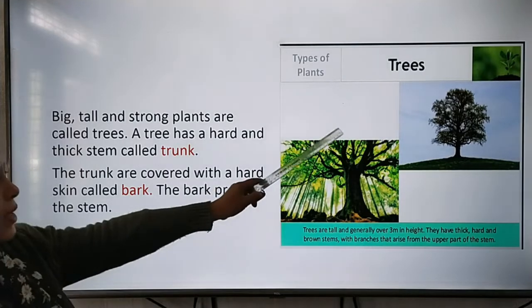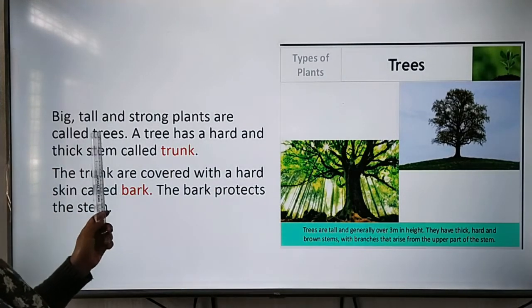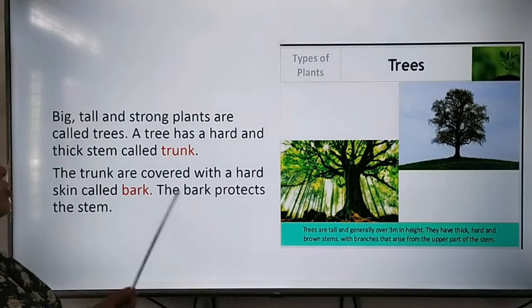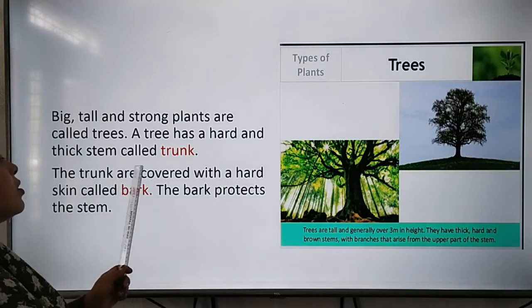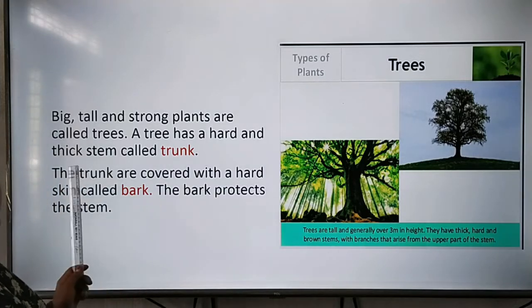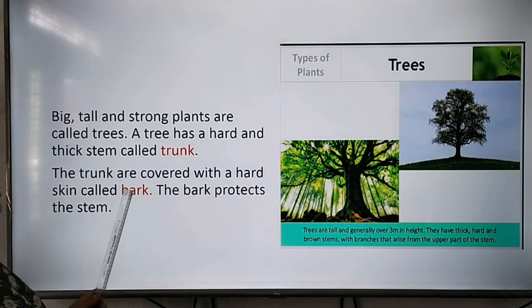So this is a picture of a tree, and big, tall and strong plants are called trees. A tree has a hard and thick stem called trunk. This is the trunk, okay? The trunk is covered with a hard skin called bark.